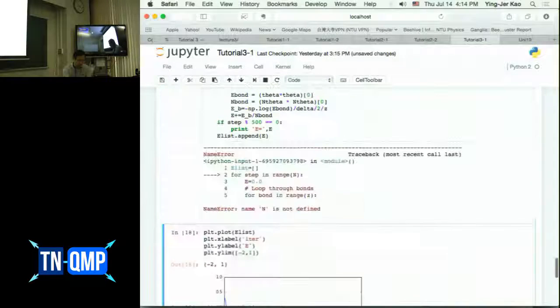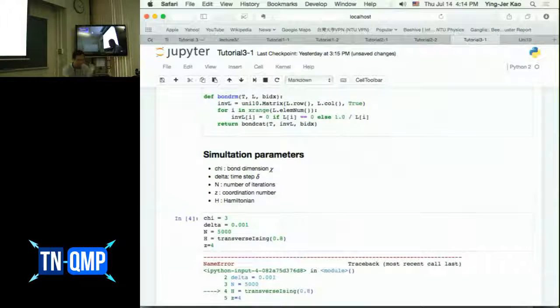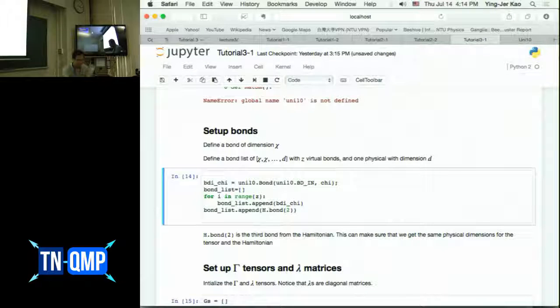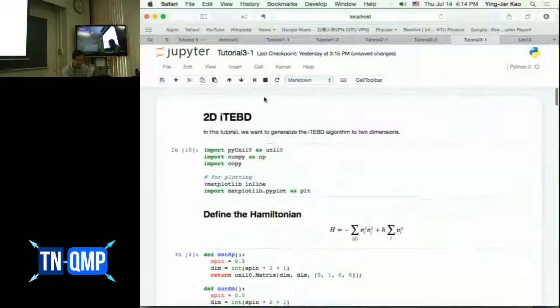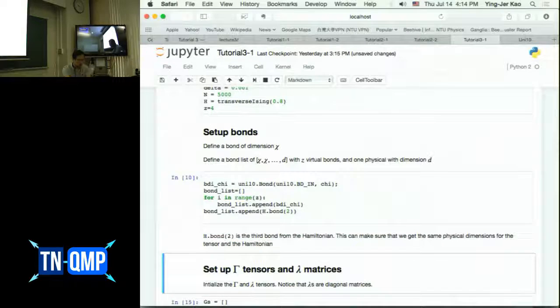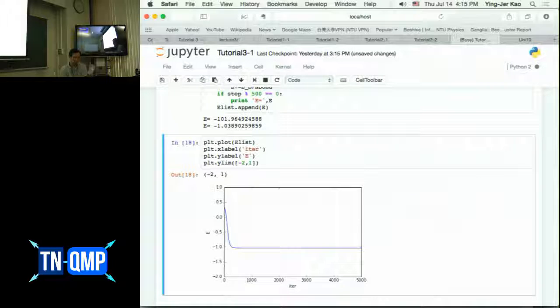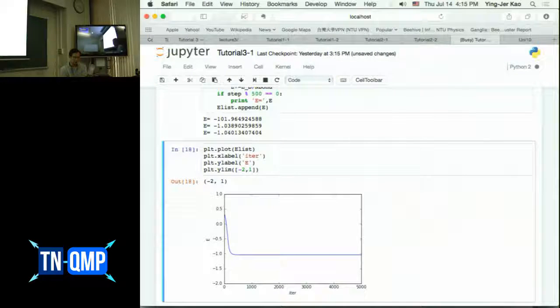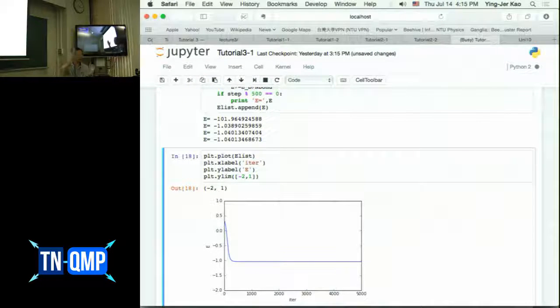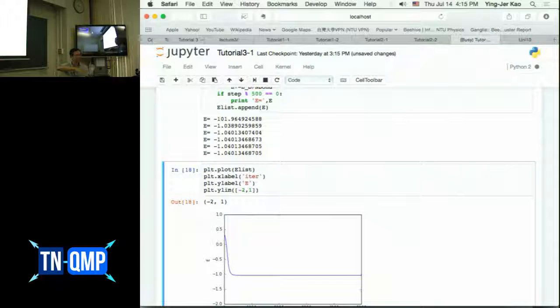So let's run this. Normally for a 2D tensor network, for the quantum model, you have two parts.